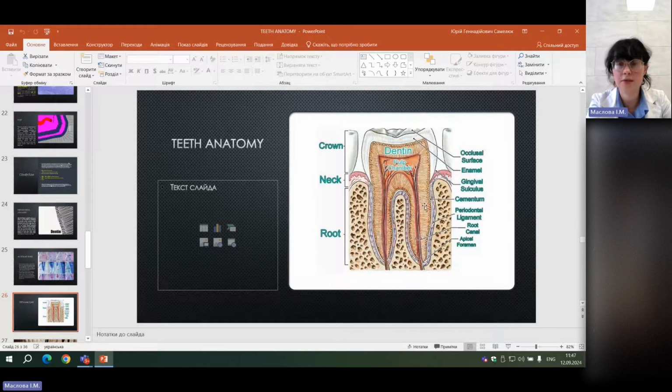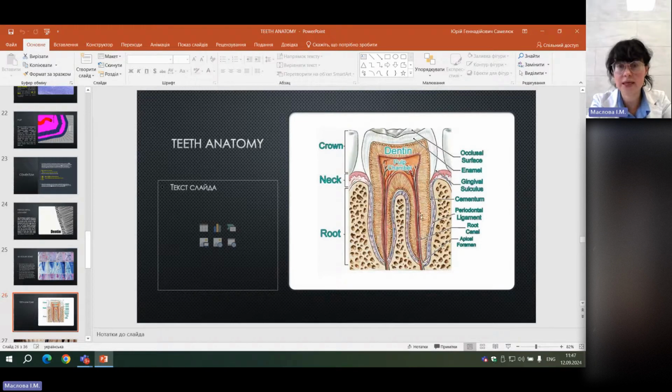You can see it on this scheme, on this picture. It's a cementum, a thin layer which covers the dentine of the roots. It's the periodontal ligament which exists between the cementum and alveolar bone.